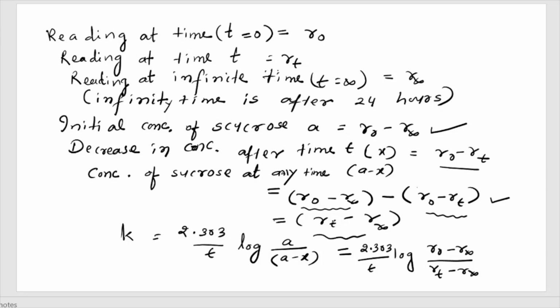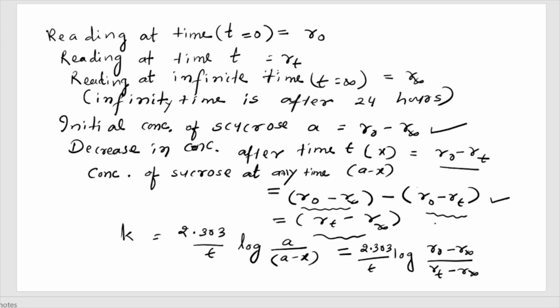But since here rotation in the polarimeter is observed, that is why R0 minus R infinity divided by RT minus R infinity.